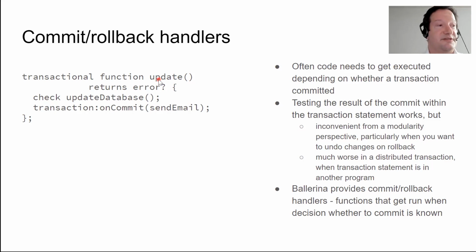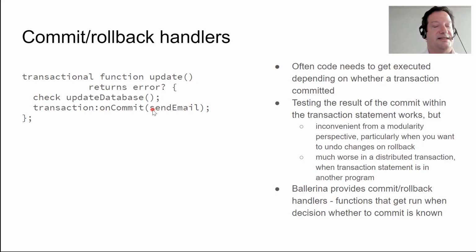The transactional service method is not the thing that starts the transaction. There's another program that starts the transaction. It calls a service method, and this service method then calls the update function. This function has no idea whether the commit is going to succeed or fail. But it can say, okay, if it commits, I want to send emails to somebody saying that it has committed.